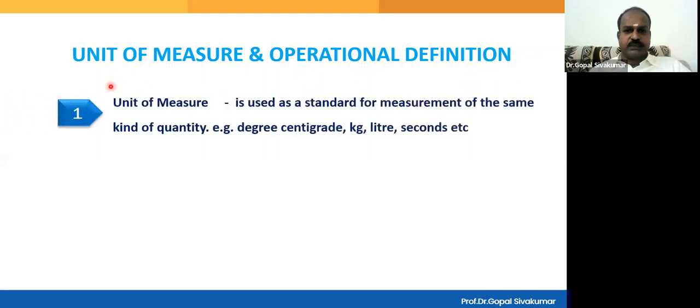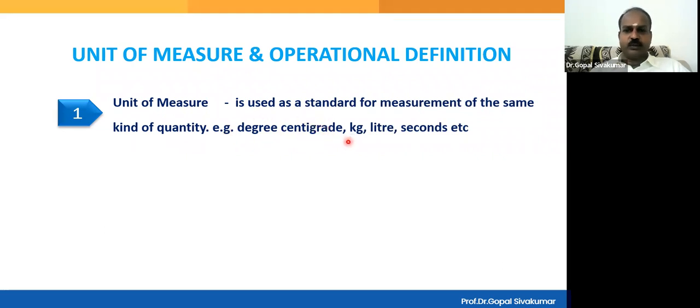And then in order to measure any characteristic, there has to be a description about the characteristic. Then only people understand correctly, and then they will measure correctly for you, which is called operational definition. So unit of measure is used as a standard for measurement of the same kind of quantity. For example, temperature, sometimes we need to measure in degrees centigrade.